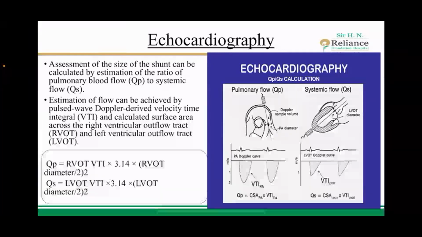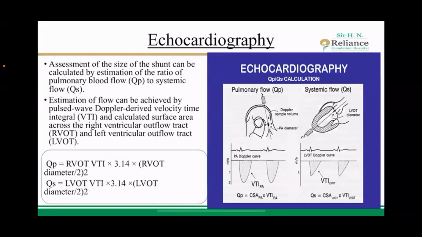So flow across the pulmonary valve, QP, can be calculated by pi r squared or pi d squared by 4, that is the area of the RVOT, multiplied by the velocity time integral across the RVOT. And similarly, the systemic flow QS can be calculated by the VTI across the LVOT multiplied by the area of the LVOT tract.